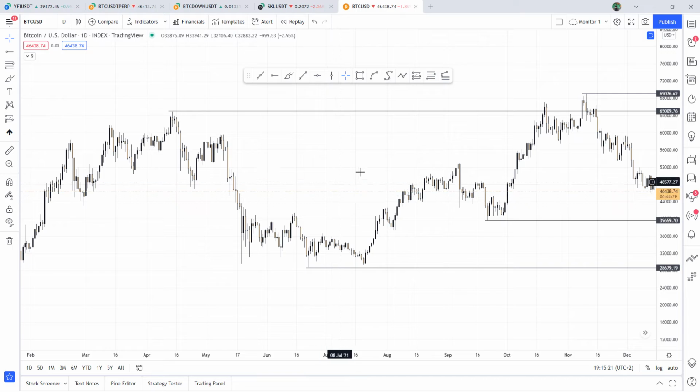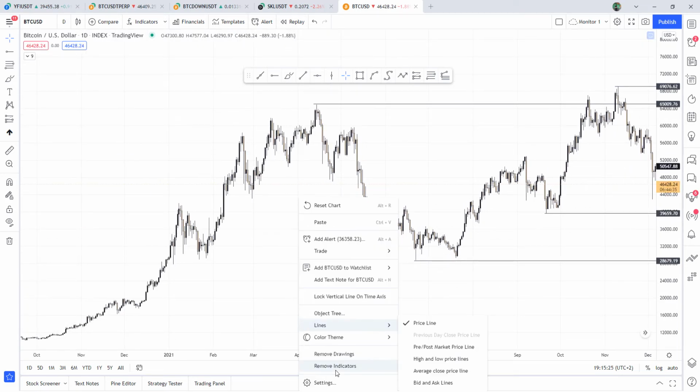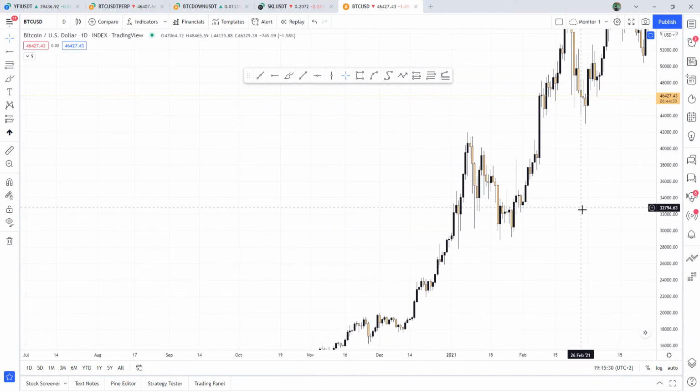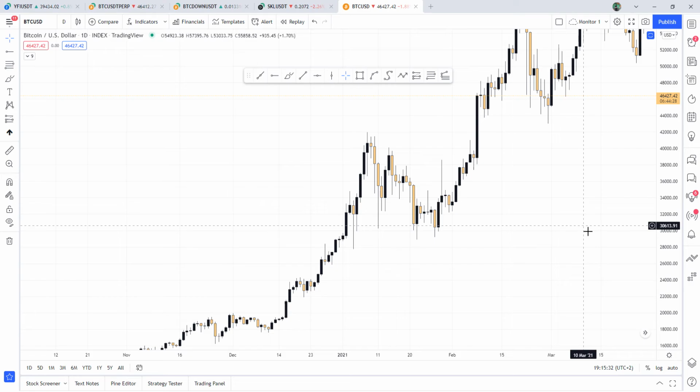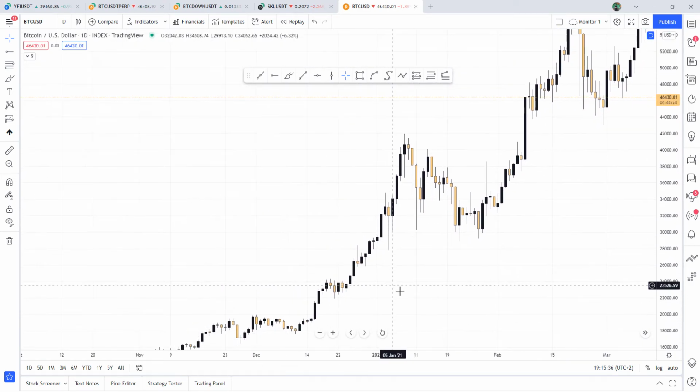I do not recommend using an indicator like that. Just look, if you see too many wicks, just do it like this.